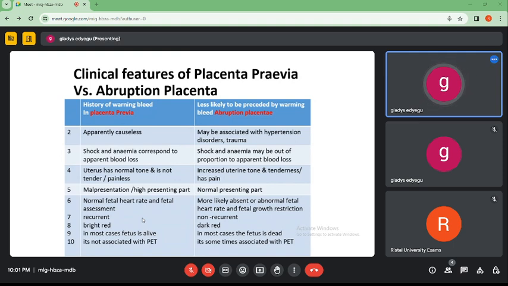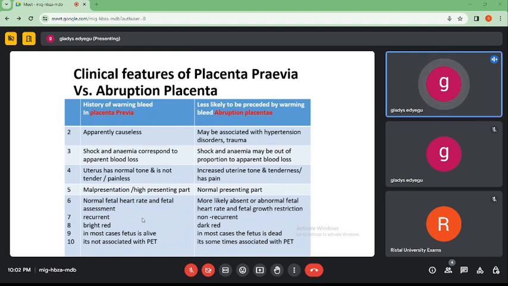But in abruptio placenta, it is not recurrent, it just comes and that is it. In placenta previa, we have bright red blood, but in abruptio, we can have dark red blood. When you look at this side and see the blood is very red, then you suspect this is placenta previa.